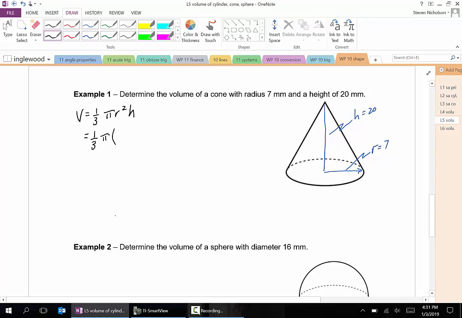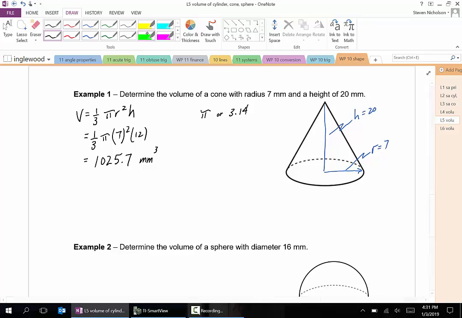Helps out your brain. You're simply going to plug the numbers in where they go, and then you're going to get out your calculator. And again, for pi, you can use the pi button, or you can use 3.14, because we're only going to round it to 1 decimal place anyway. And when we plug all these numbers in our calculator, here's what we get, 1025.7. Again, we have our cubic units.